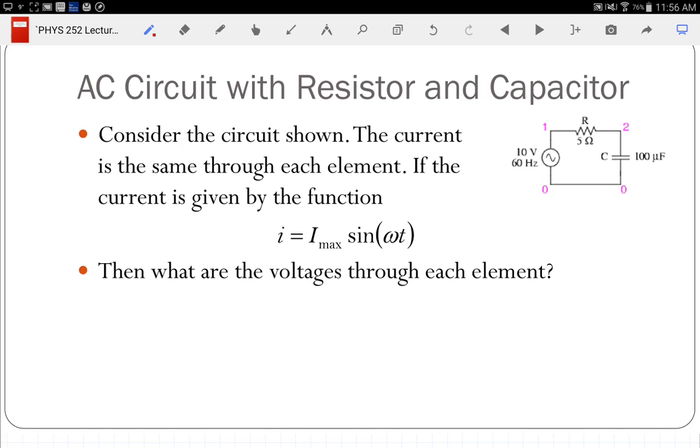So here's an example for a circuit that has a resistor, a capacitor, and a power supply. Now I put in here that my power supply is making a constant current. Why did I put the current in? Because the current is the same for both the resistor and the capacitor. Why is it the same for both?